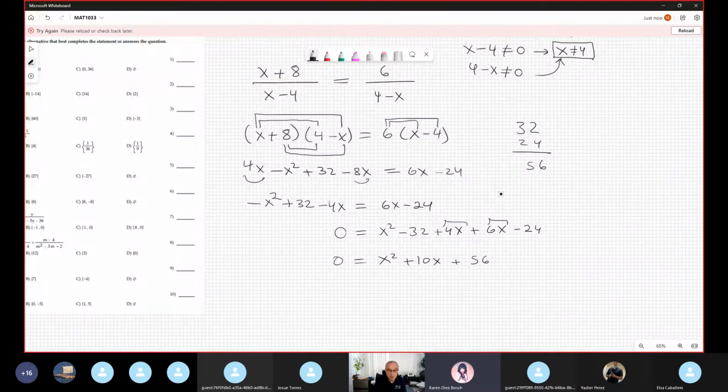Yeah, that part is okay, and that part is obviously okay. Then I move this to the opposite sign, this to the opposite sign, this to the opposite sign. This I bring down with the same sign.